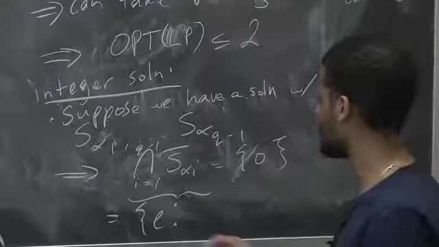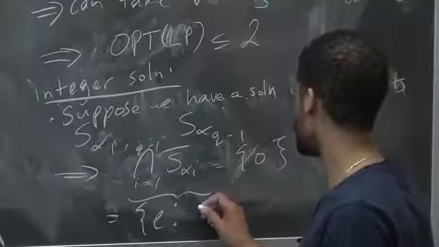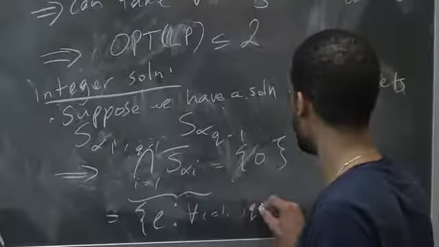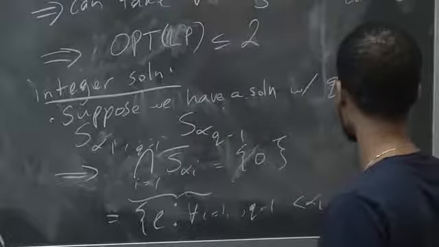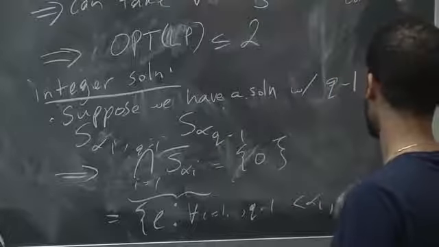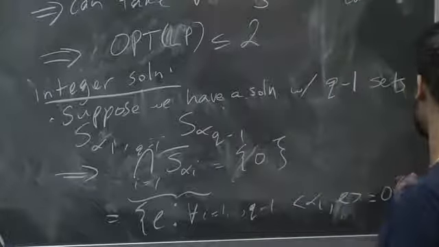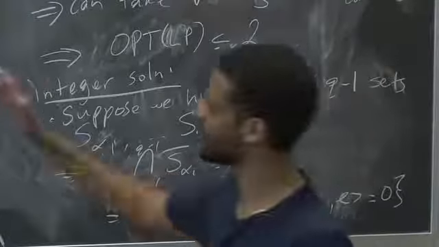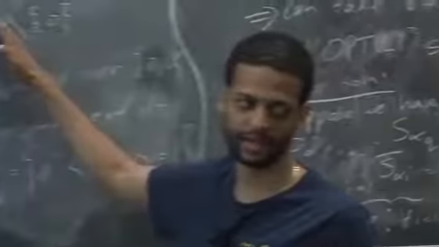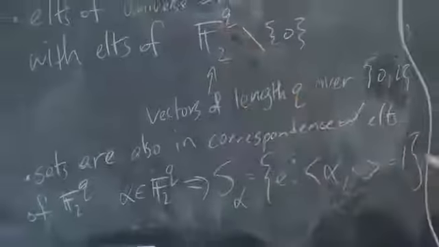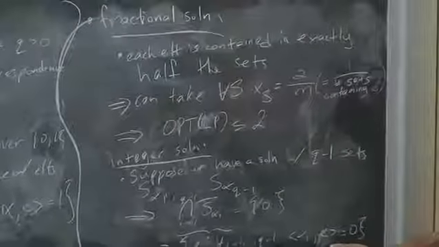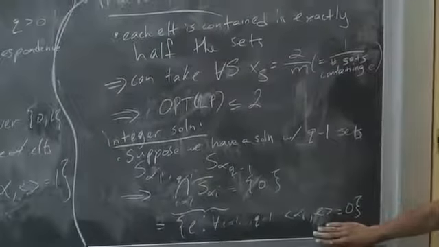It's the set of all E's such that for all i from 1 up to q minus 1, alpha i dot E is equal to 0. 0 is not in the universe. So we started off with a q-dimensional vector space, and this is the set of all elements satisfying q minus 1 linear constraints.